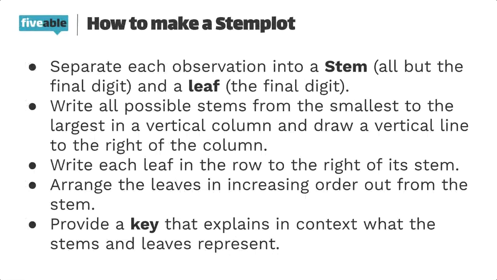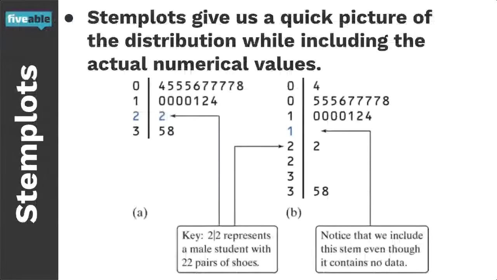How do we make a stem plot? We separate each observation into a stem, all but the final digit, and the leaf, which is the final digit. So here you can see we separated the stem right here, which is the tens digit, and the leaf right here, which is the ones digit.